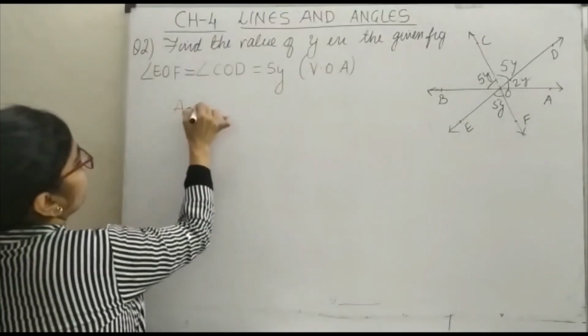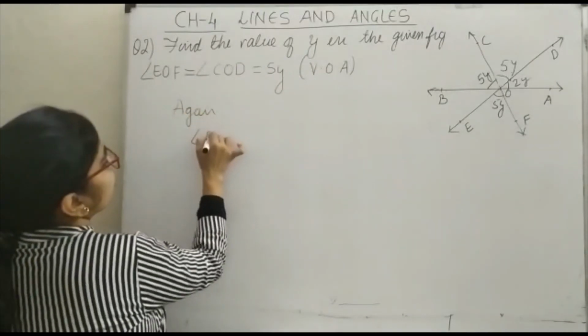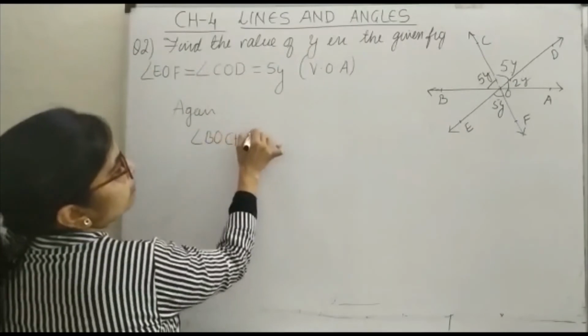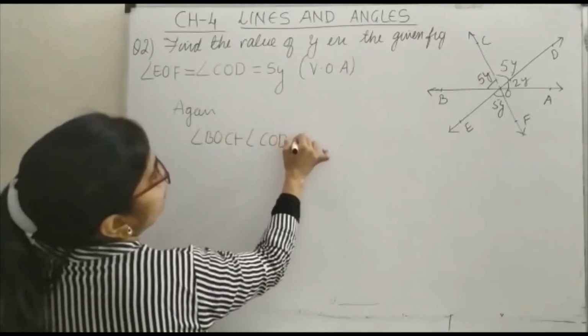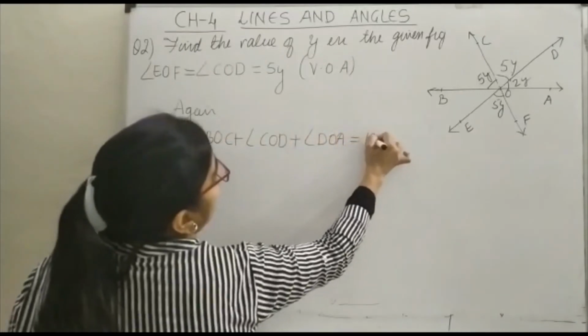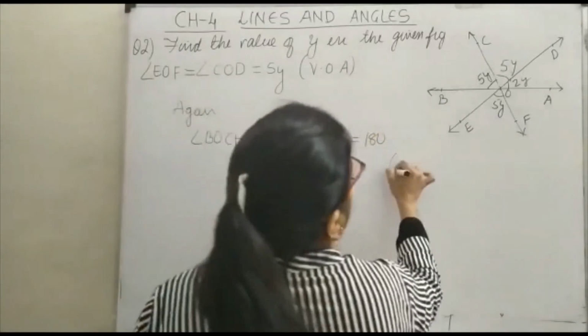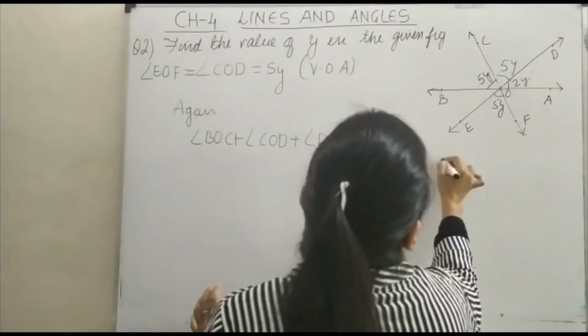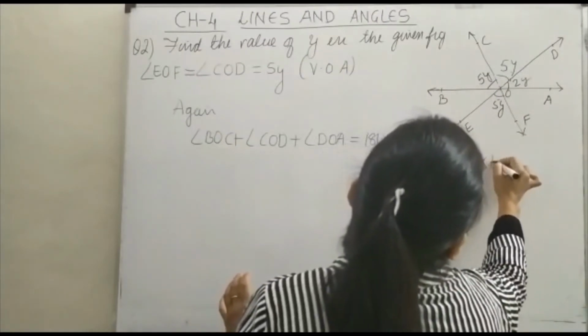Again, angle BOC plus angle COD plus angle DOA is equal to 180. Reason, BOA is a straight line.